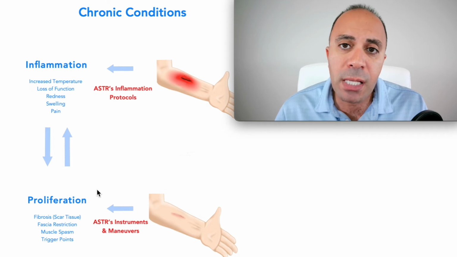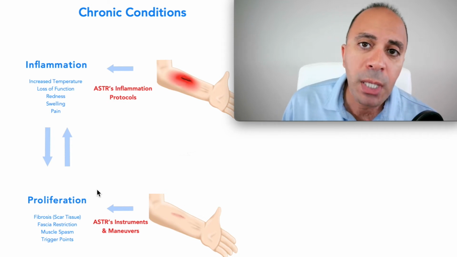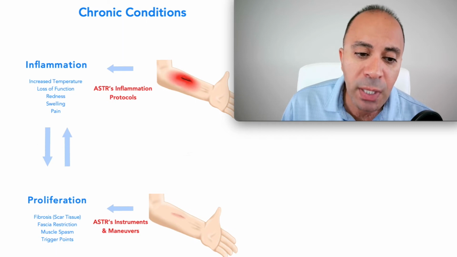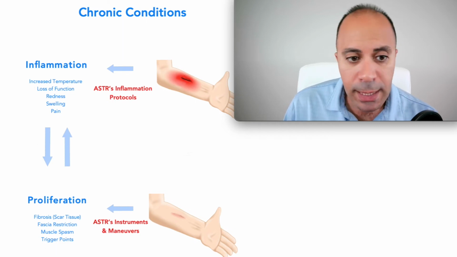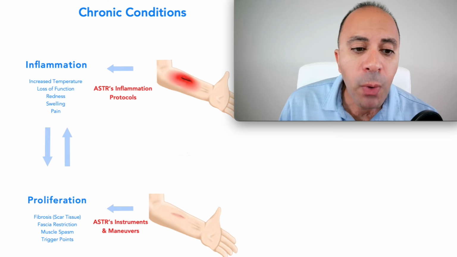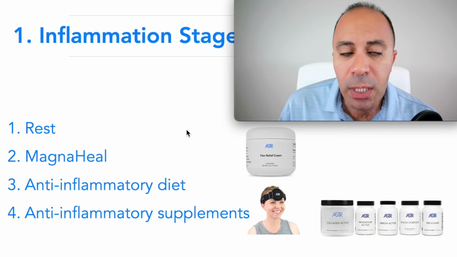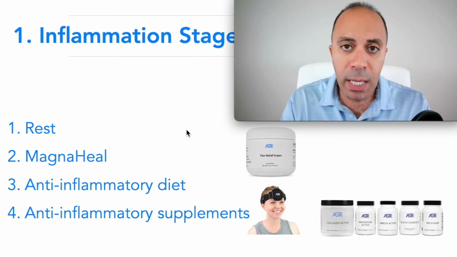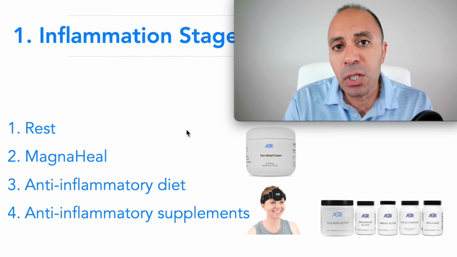So how do we get to the root cause of the problem? We need to really address each of these stages individually or simultaneously. So here is what I personally do for inflammation. If you have mild inflammation, just rest. Avoid tight shoes.